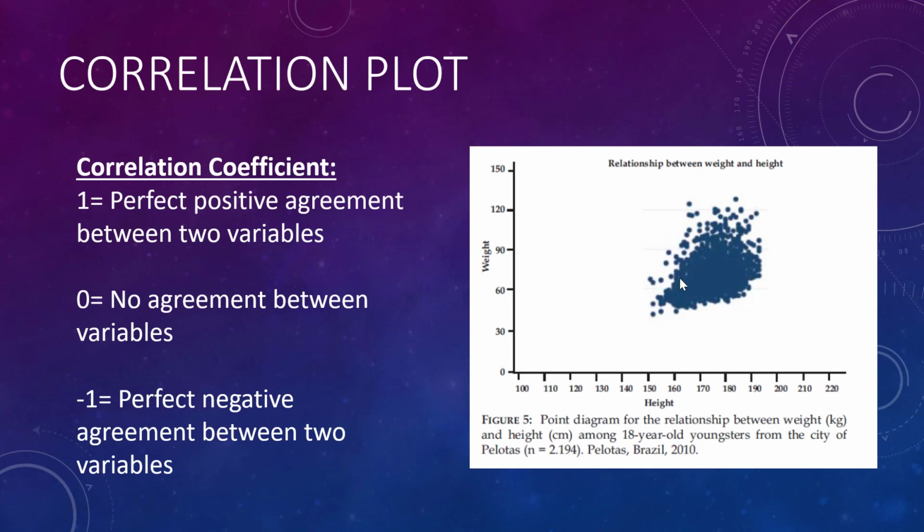So for instance, as weight went up, height went down, or as height goes up, weight goes down. That's not what happens with height and weight. It's usually more of a positive agreement. But there are times when one variable goes up and another goes down, and that can go up and down with perfect correlation, and that would be a correlation coefficient of -1.